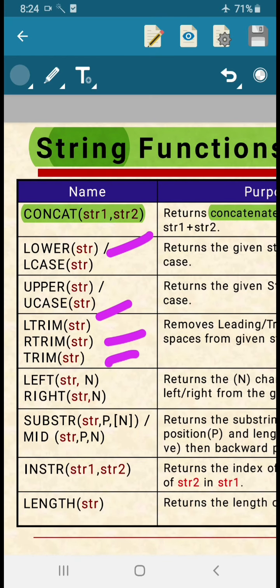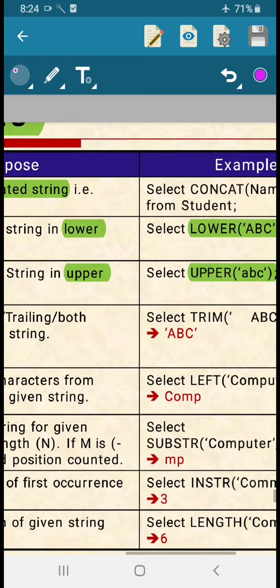Left and right seem similar to left trim and right trim, but the difference is that LTRIM trims the left side space, RTRIM trims the right side space, and TRIM trims both sides. Whereas LEFT and RIGHT return the left side characters and right side characters.